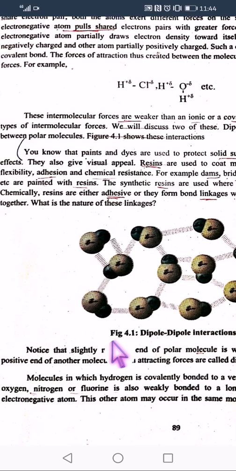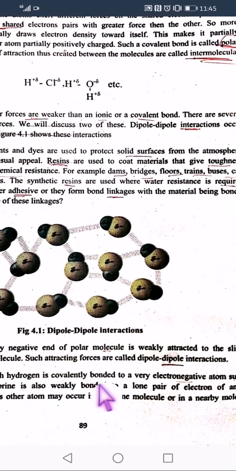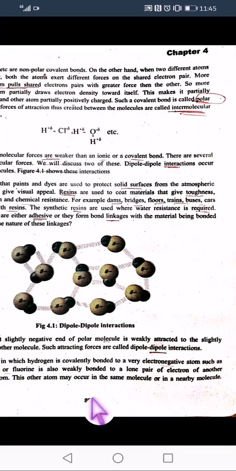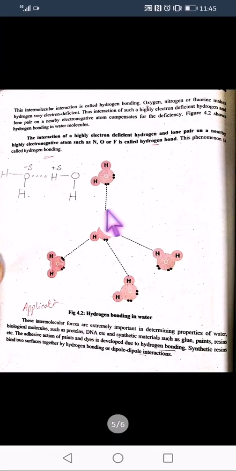Now comes the topic hydrogen bonding. These are molecules in which hydrogen is covalently bonded to a very electronegative atom. You already know about the electronegative atoms. Now look at the diagram.